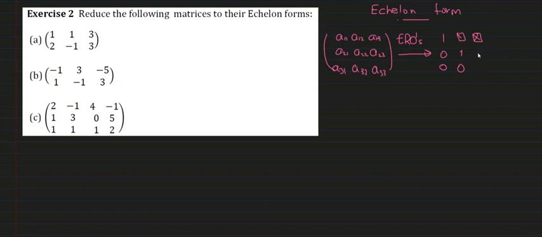We need this value to be, however, we don't have any restriction over A23, and then we need this value to be 1. This means that we can have something like this: 1, 0, and for example 3, and then 0, 1, negative 1, 1, 0, 0. This is an echelon form. It's a valid echelon form, right?